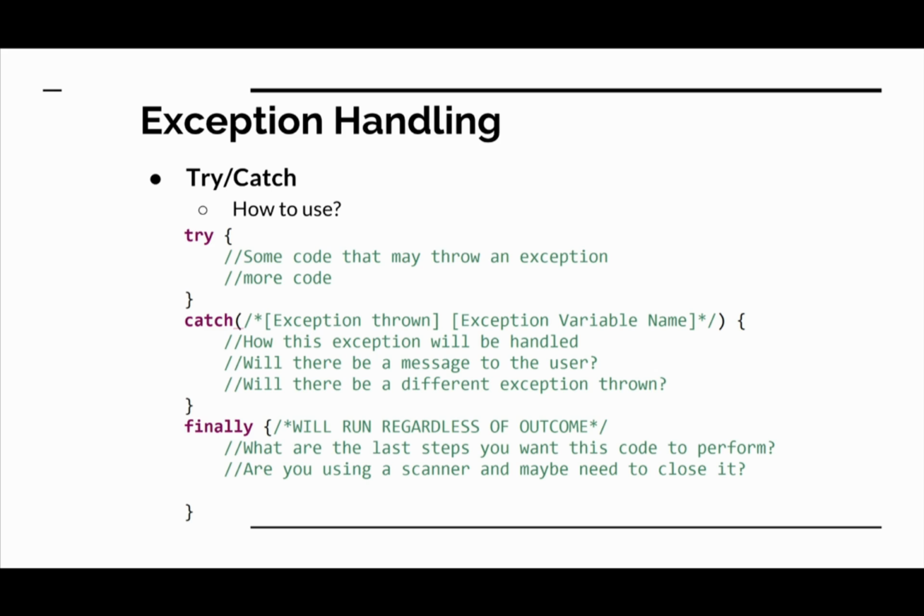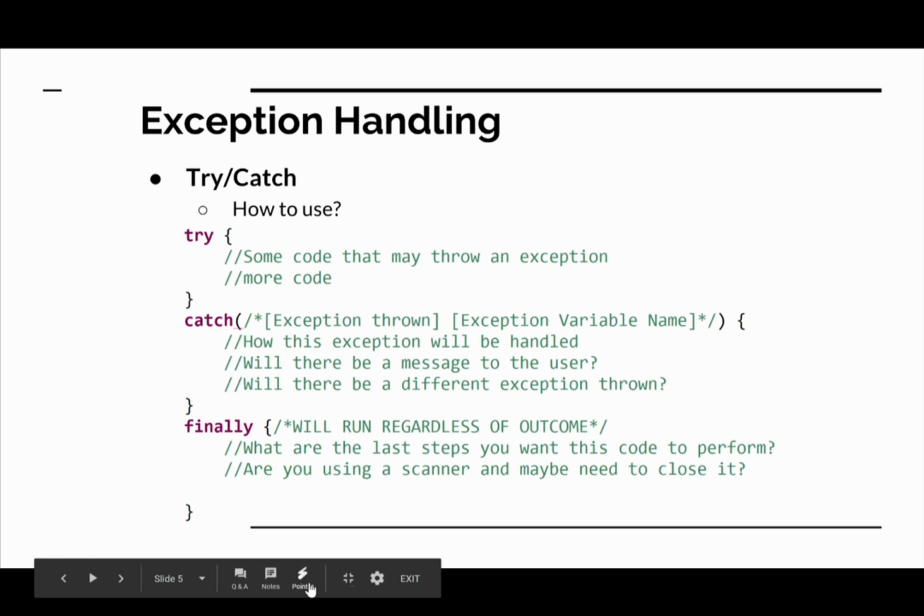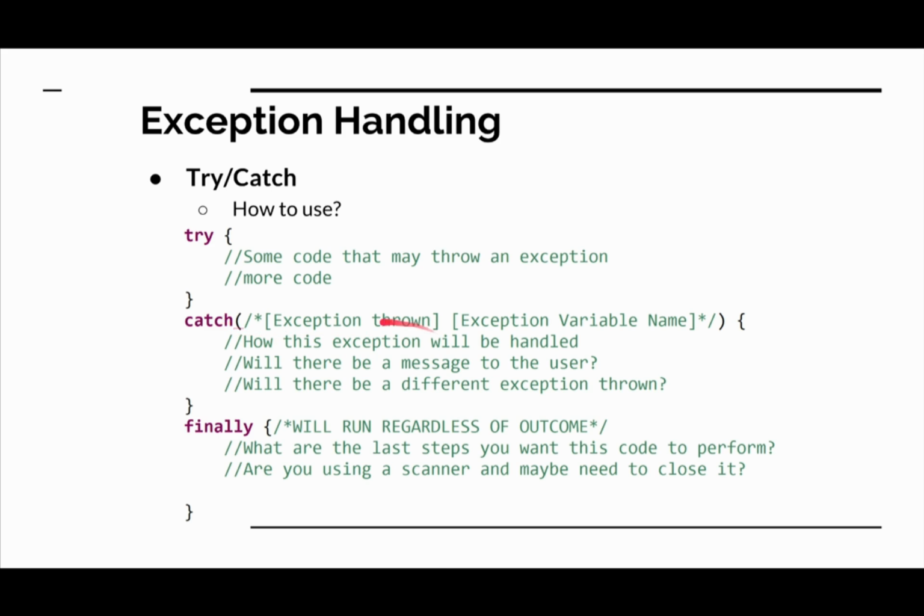So here's a really quick example of what try catch looks like. You have some code that may throw an exception, and this is where you would put it. Then here you say, this is the exception I think I'm going to throw, and this would be how you're going to handle it, right?